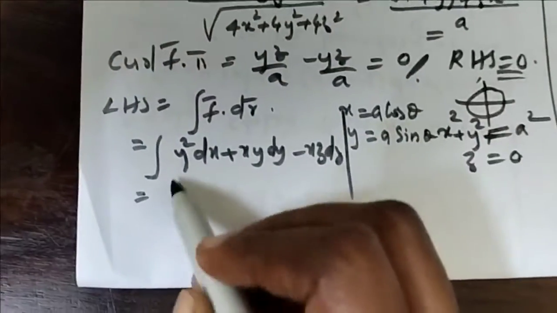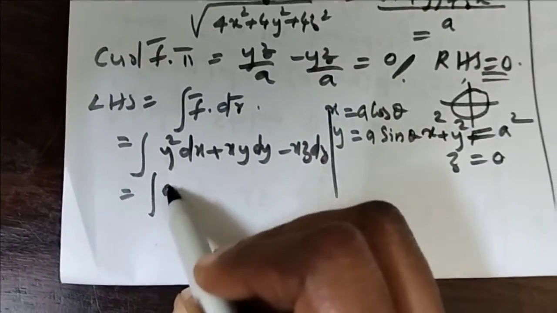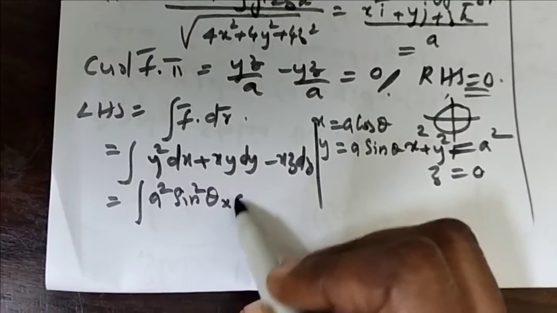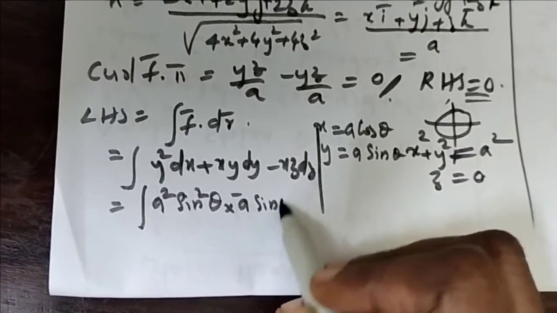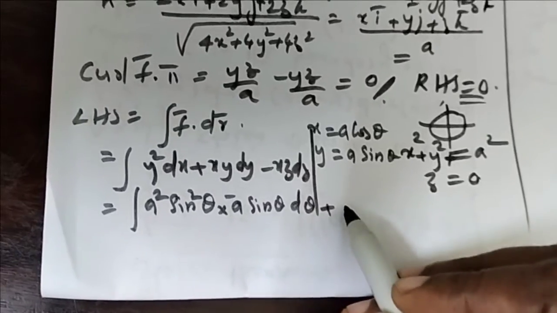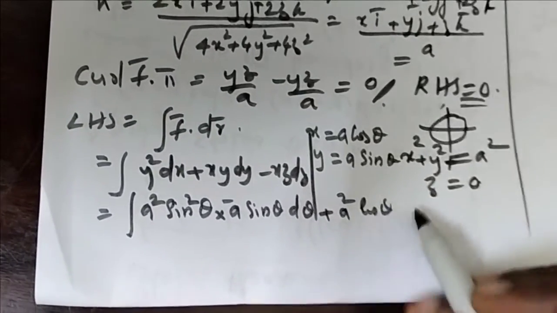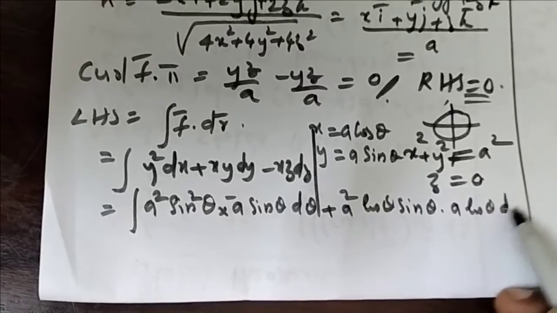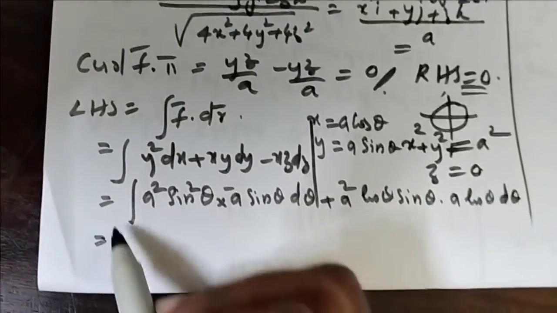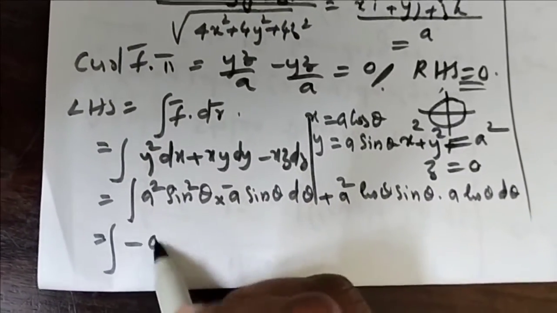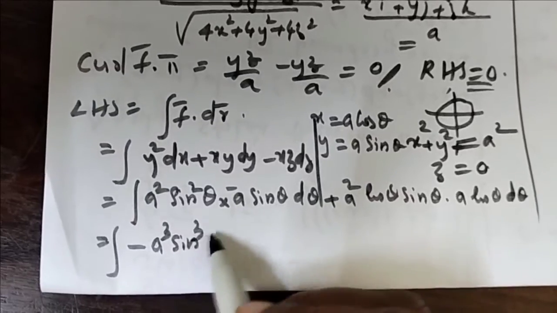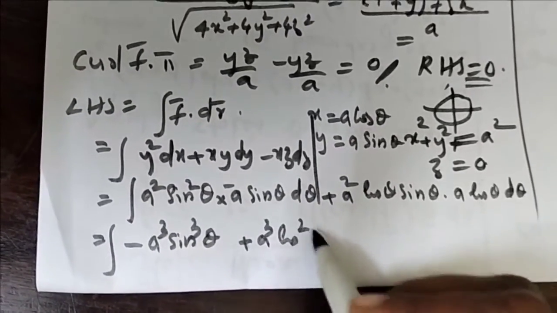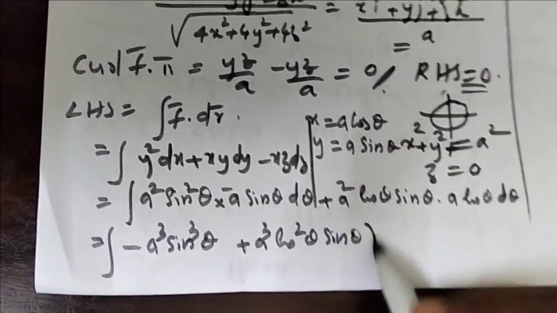Okay. So this is integral of y square, a square sin square theta, into dx, which is minus a sin theta d theta, plus a square cos theta sin theta into dy, which is a cos theta d theta; z is 0. So it is integral of minus a cube sin cube theta plus a cube cos square theta sin theta d theta.